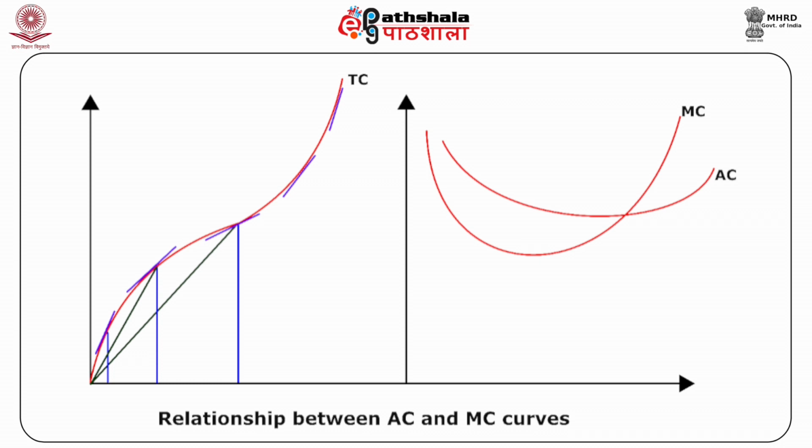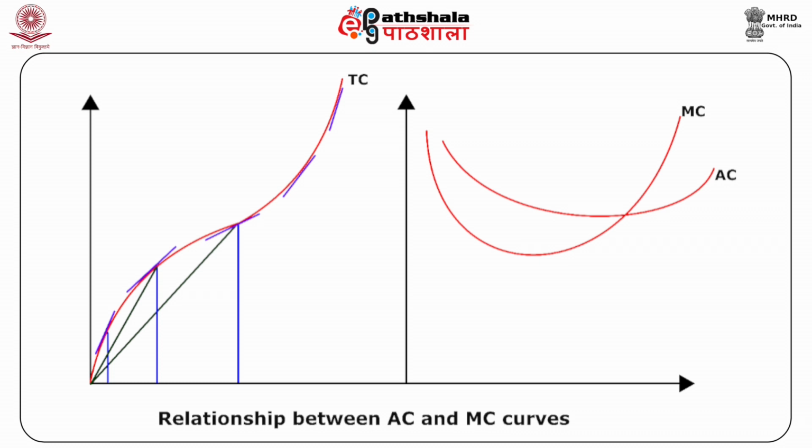So which is this point C? It is the intermediate point at which the slope of the total cost curve is almost parallel to the x-axis. So this shows that this is the minimum point of the marginal cost.